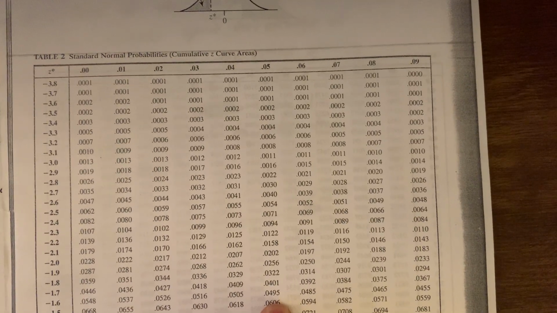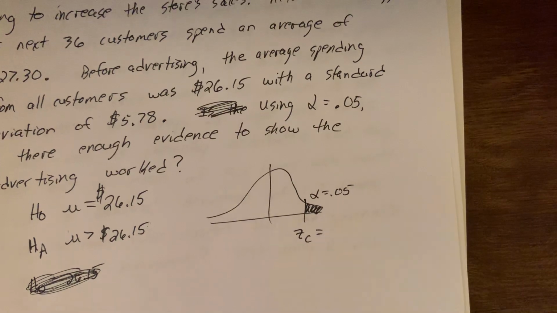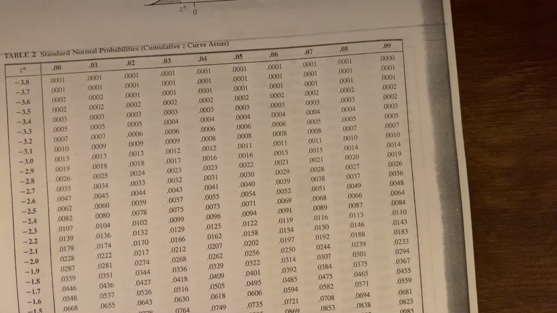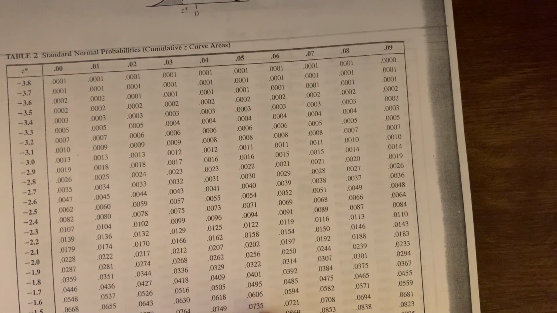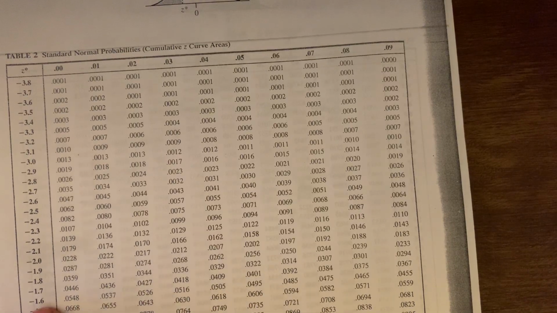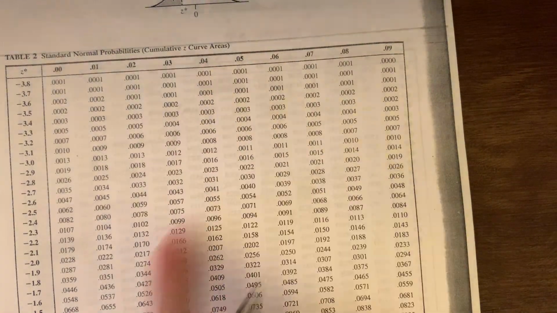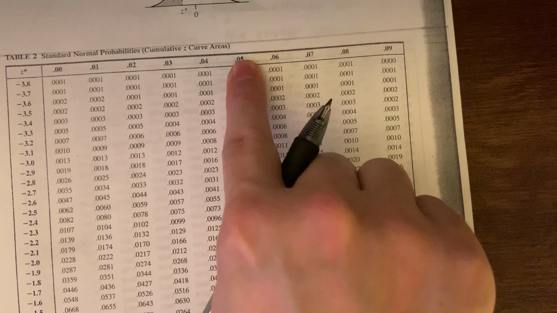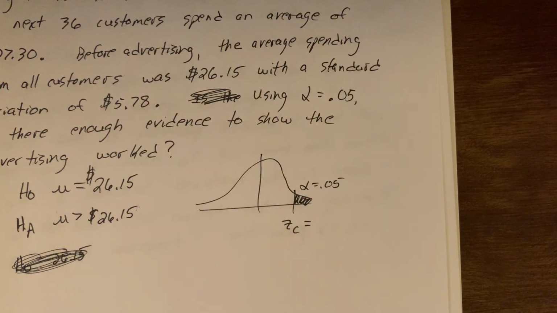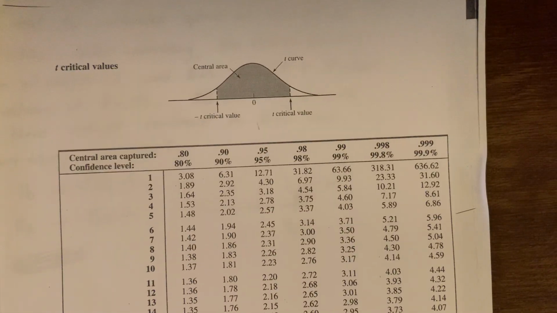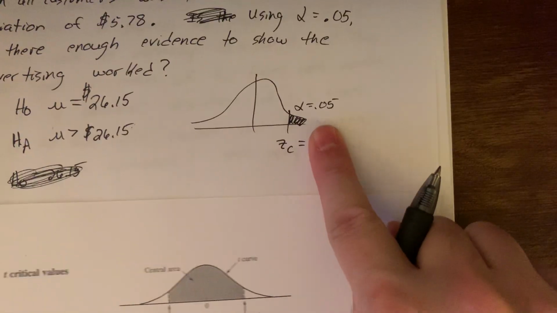Just notice this chart is giving me negatives. We'd have to realize we're on the right side, so this would be a positive. And we would get either this one or this one. So 1.64 or 1.65.